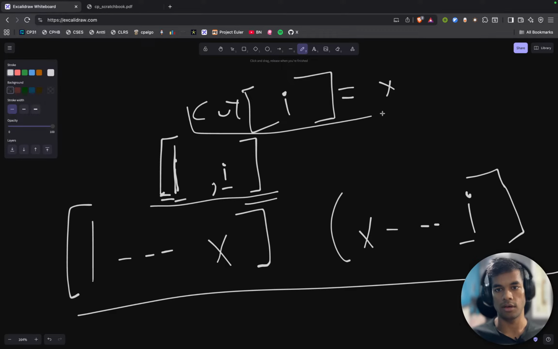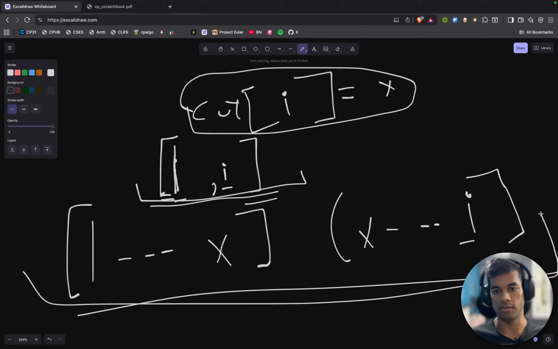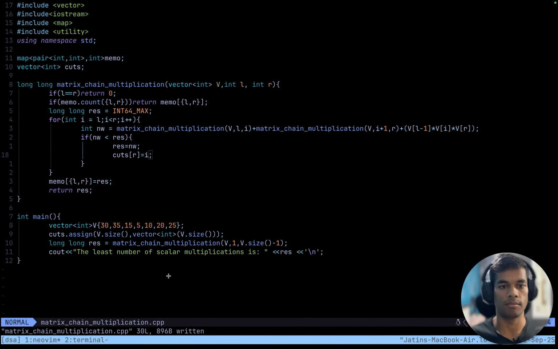So this thing, cut I equals X, would mean we are cutting up this matrix from 1 to I in this manner.